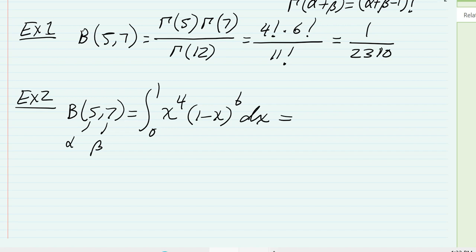So if I want to evaluate this integral, rather than expanding the binomial to the 6th power, distributing x to the 4th times it, combining like terms, and proceeding with integration, we can just call this 4 factorial, 6 factorial over 11 factorial. Again, this works with a very limited number of integrals, but it's interesting that we can do that rather quickly if you can recall this relationship. But it's important, the limits of integration also have to cooperate. It's got to be between 0 and 1 for this to work. For other limits of integration, this is not going to work.